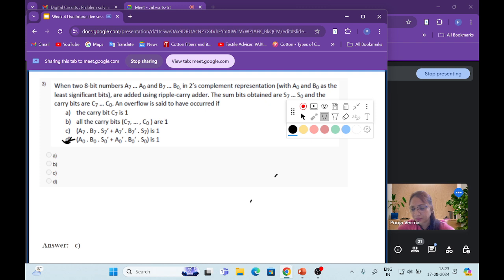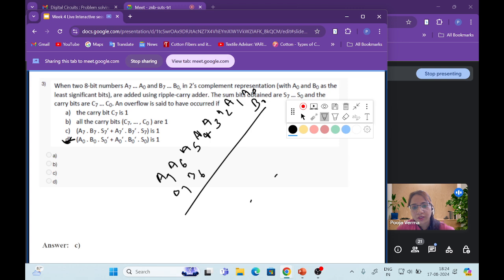So I'm writing A7, A6, A5, A4, A3, A2, A1 and A0, and B7, B6, down to B0. Similarly, the sum will generate S7, S6 down to S0.